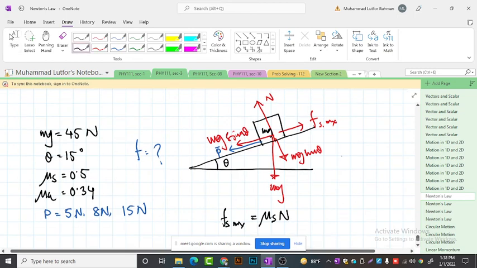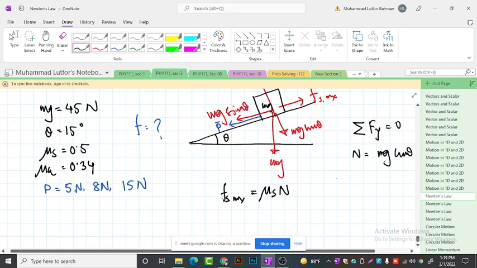N would be from there. If you consider this your positive x direction and this your positive y direction, the block is not moving at all in the vertical direction, so Fy would be 0. In that case, N would be mg cosine theta, right? Then Fs max is mu s into mg cosine theta.